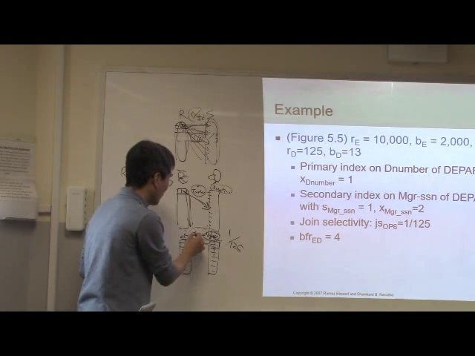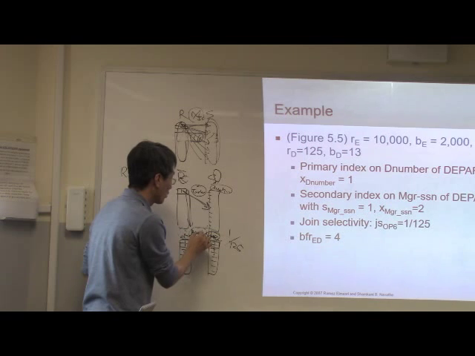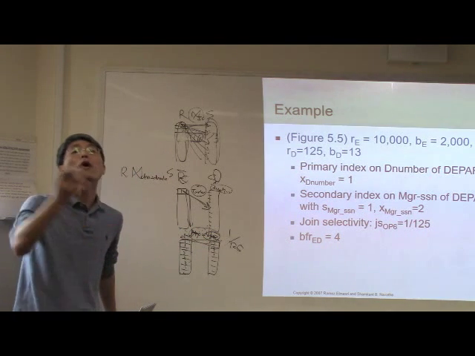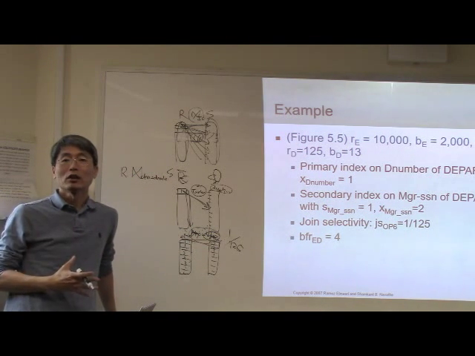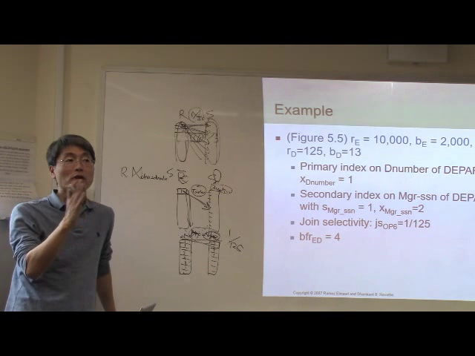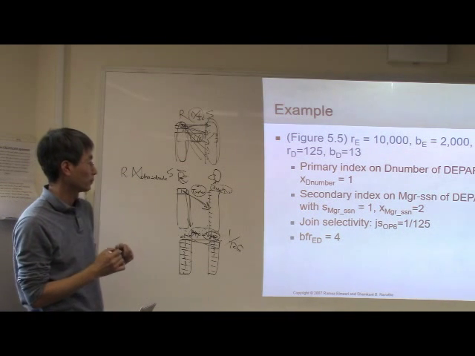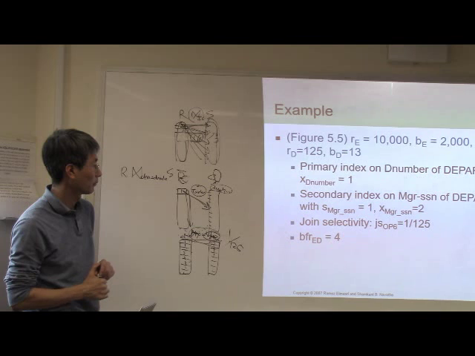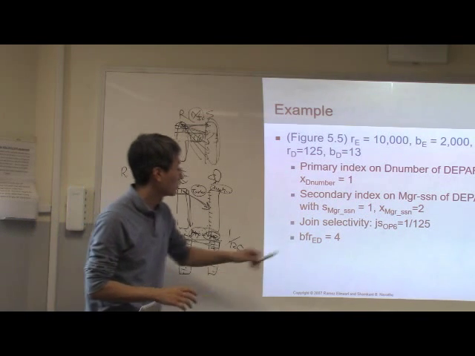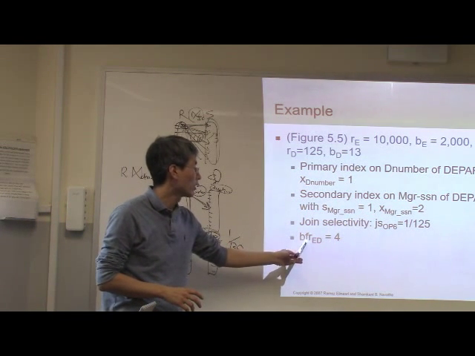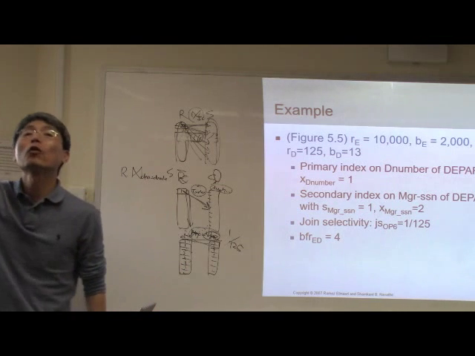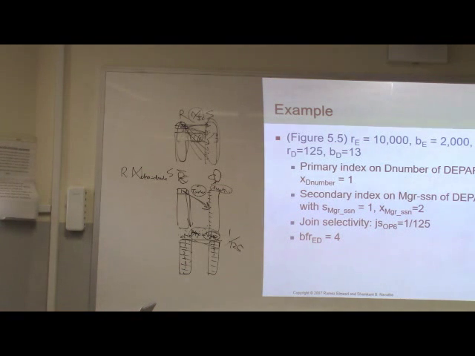Like for example, the manager social security number versus supervisor. One supervisor has many, so it depends. At that time, the blocking factor is such that we can keep 4 join records in one block.